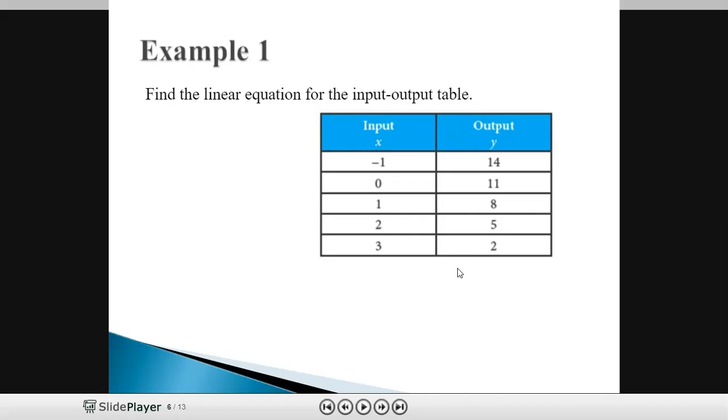In this question, who will help me to answer the question? I'm looking to answer the question by a quick way. How? Do you remember the pattern which I said?